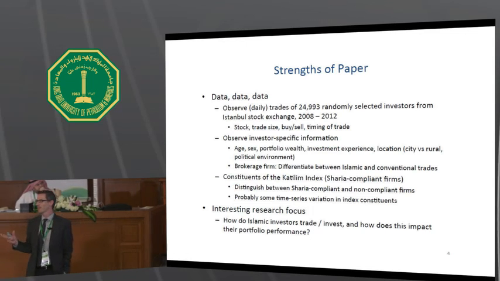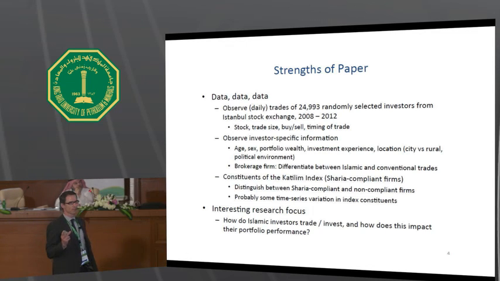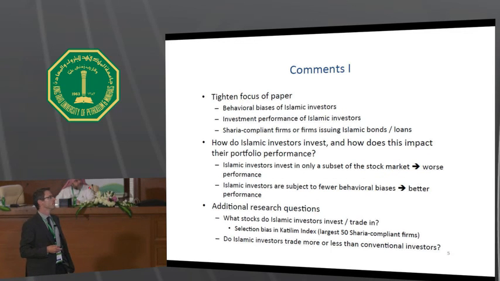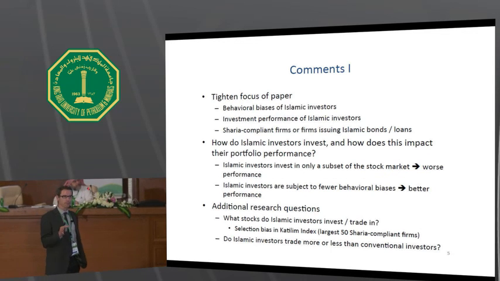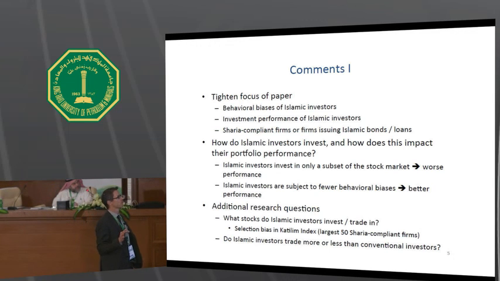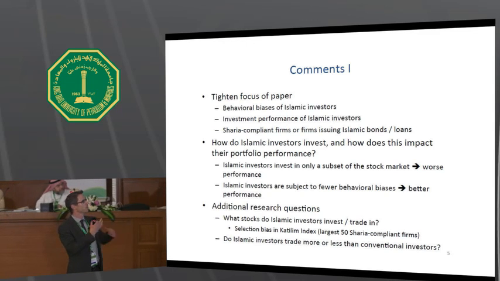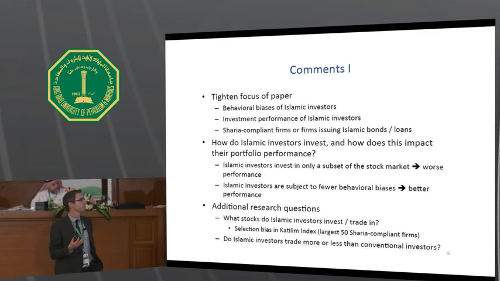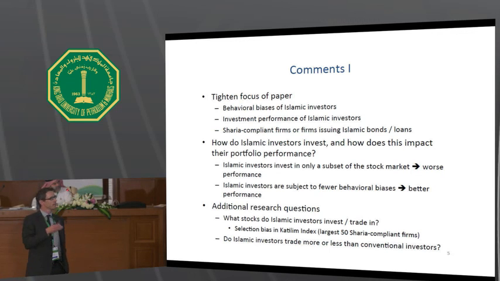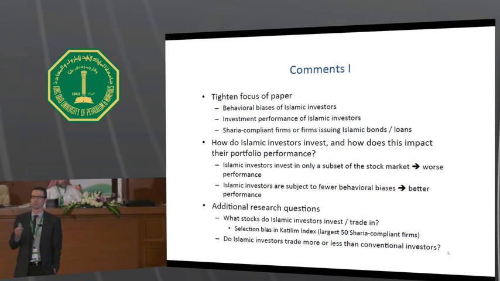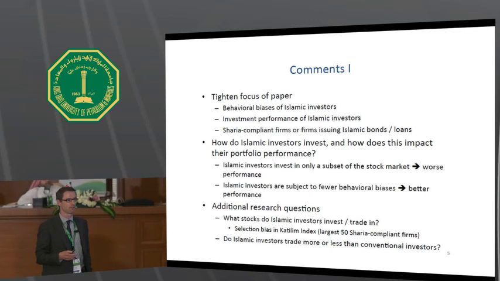So I have three quick comments. The first one is I think the paper would benefit a great deal from providing a better focus on one research question. So right now, the paper looks at behavioral biases of Islamic investors. The paper looks at the portfolio performance of these investors, and they look at the differences between Sharia-compliant firms and conventional firms.